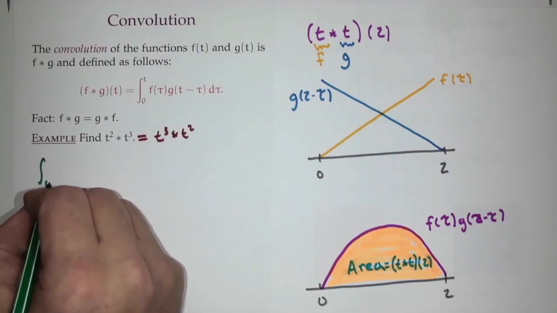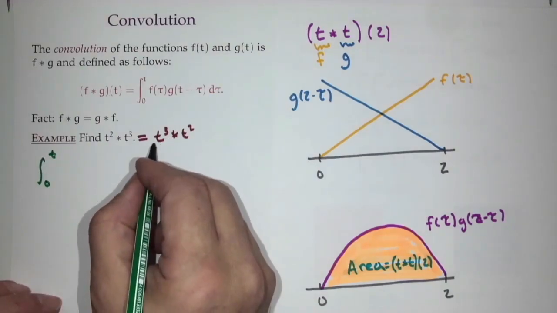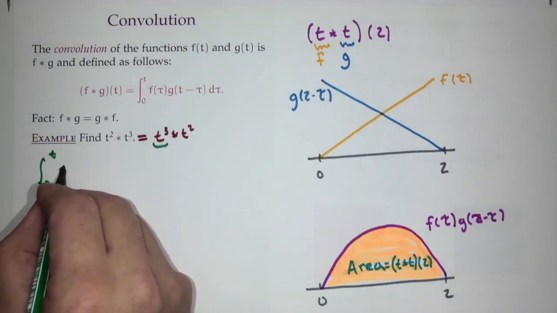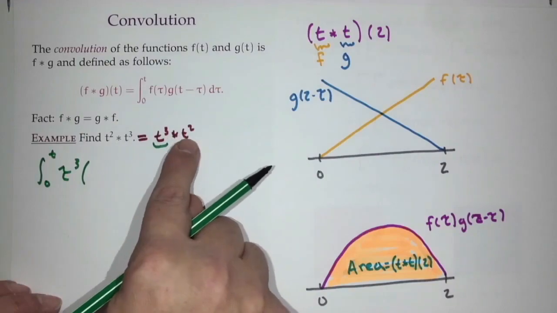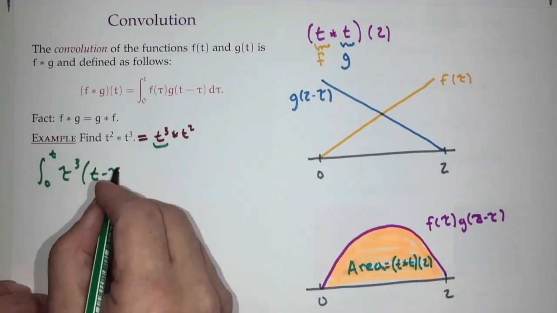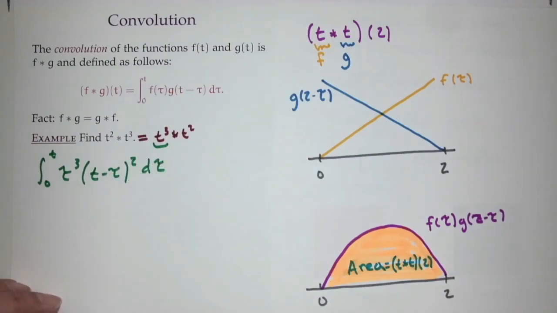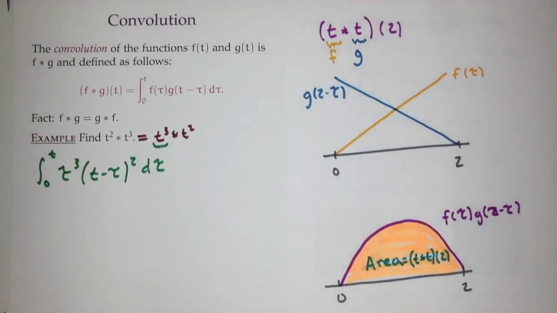By the definition, integral from 0 to t, our f will be t cubed, so it'll be tau cubed. And then the g will be t squared, so that becomes t minus tau squared, d tau. All right, if you had to do this integral, what would you do?